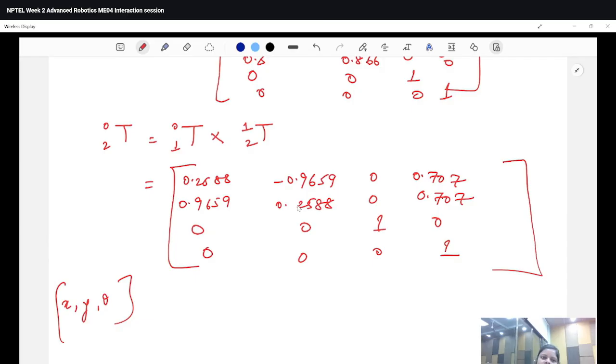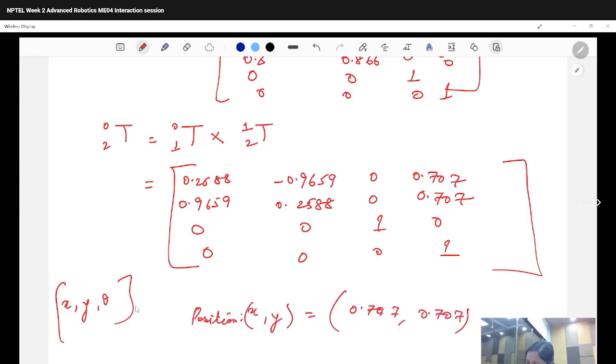All right. So we are finally interested in the end effector position, the x, y, and theta of the end effector. From here you can find that the position would be 0.707, 0.077. We are not doing anything in the z-axis, so this would remain 0, and you will have this as the translation, and the rotation matrix would correspond to the first 3 cross 3 elements.